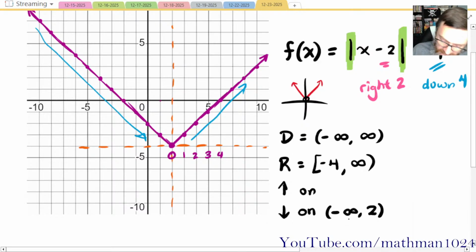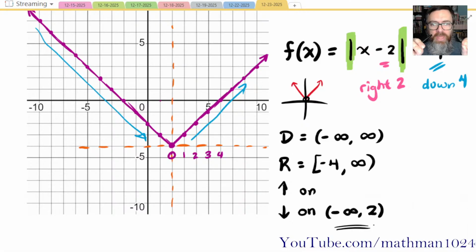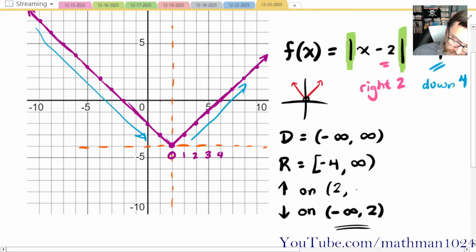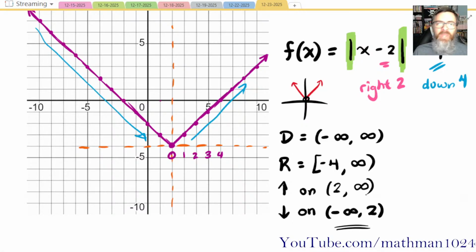So if I pick any two values in this interval right here, and I put them in order, so this x is smaller than this other one, we're saying our function decreases, which means as x goes to the right, the y is going to be going down. And then we're increasing starting just on the other side of 2, and as x goes toward infinity. That would be our interval for increasing. Now, some other things you might get into would be finding the x-intercepts and y-intercepts, but we're not really asking that right now.